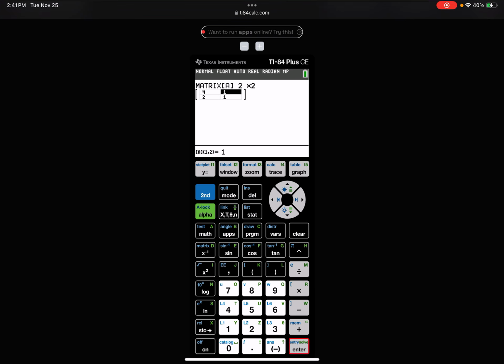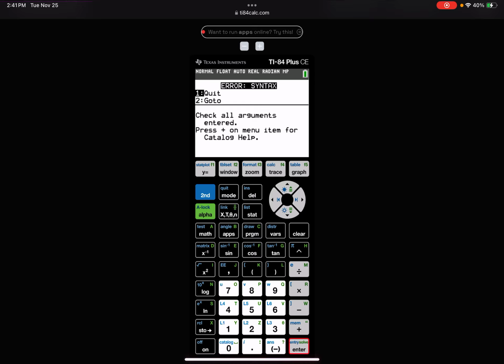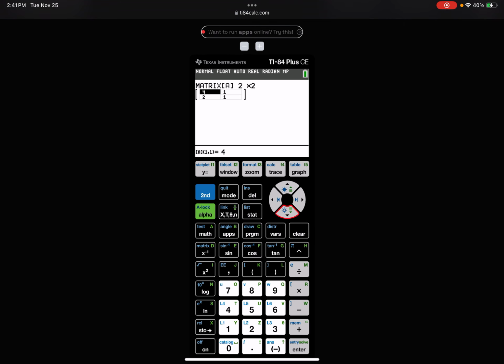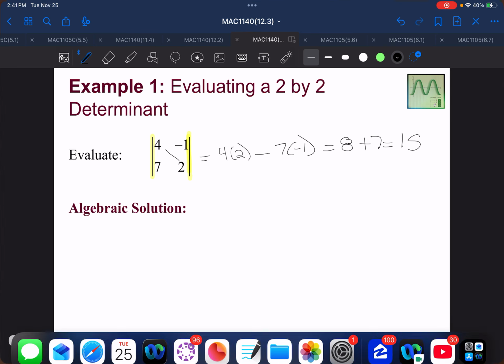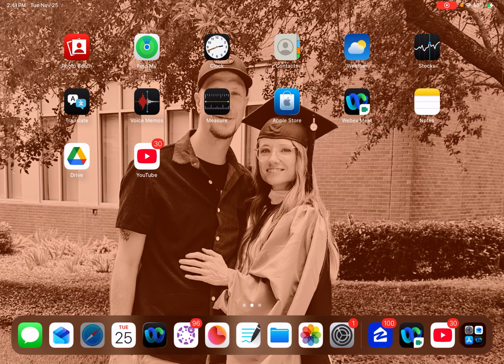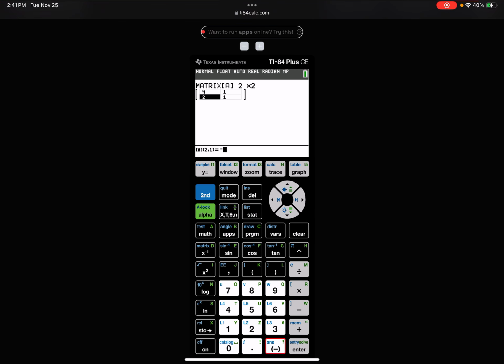So 4, negative 1, what happened? Sorry, go back to edit. Okay, 4, negative 1, 7, 2. Seven, 2, and I need to change that to a negative 1. Okay.